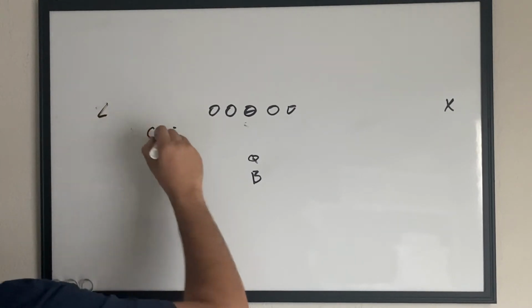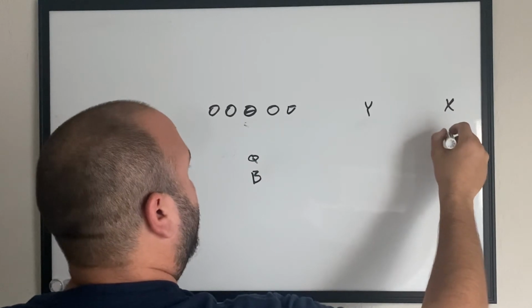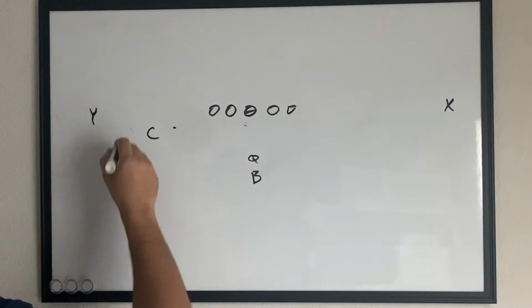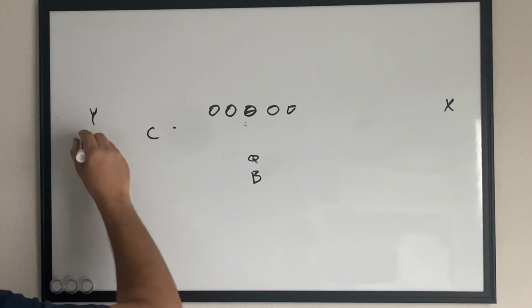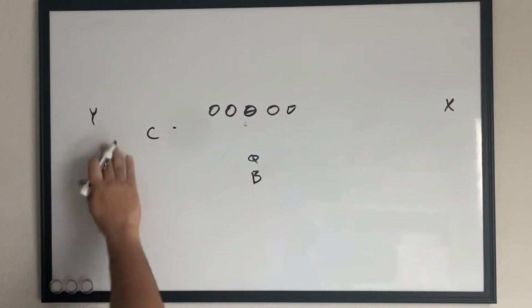Cuatro, he'll be on the line right here with that X receiver off the line. Cinco, same thing. I can move that Z receiver here, or I can move that Z receiver right there and run the stack. That's totally up to you right there.